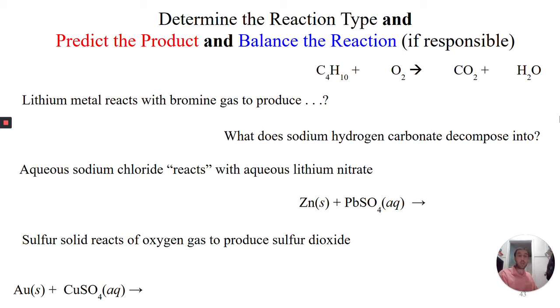So what you should be able to go through and do with all of these practice questions is determine the reaction type, predict the product, and balance the reaction. So reaction type and balance, you're always responsible for that. Predict the product, sometimes you are, sometimes you're not. But by determining the reaction type, you can now decide, is that predicting the product necessary?